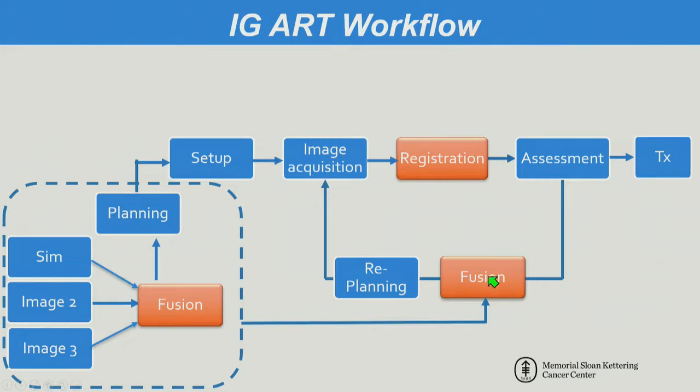So you do fusion again with your prior images, and different systems will have different capabilities. But really, you can do fusion with your prior images, your prior planning CT, or any other image that you have, and then you do replanning, and then continue and eventually treat the patient.